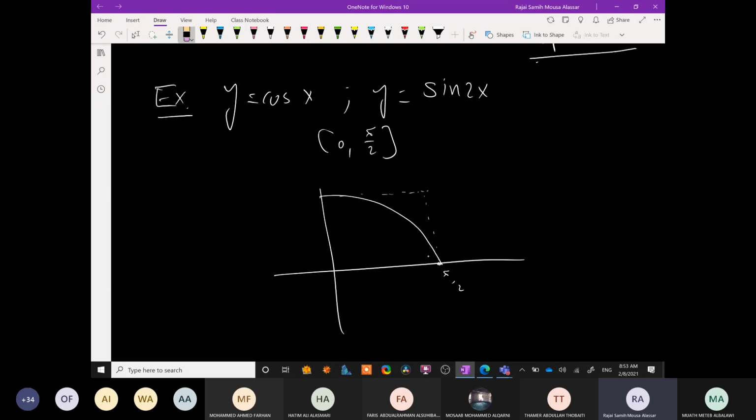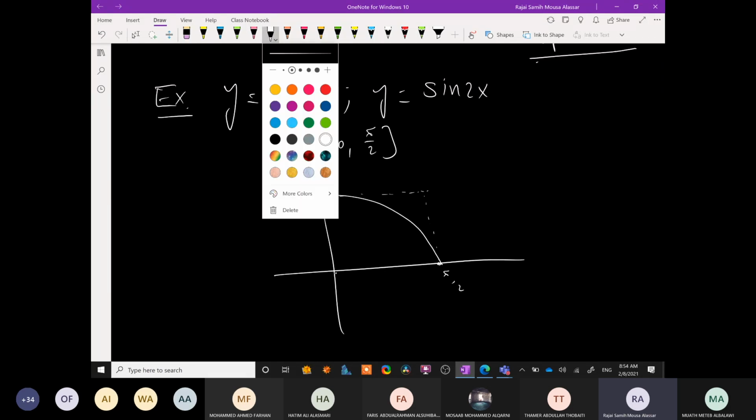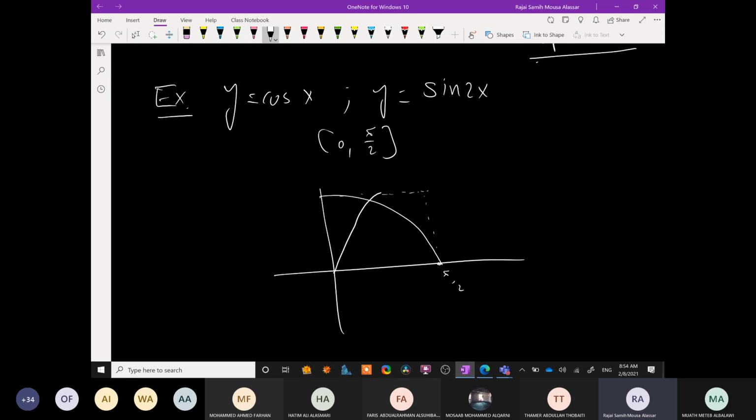Yes, so at pi over 2, it will just finish one. So half its period. Exactly. It has to go like this and come back as such, because now it will continue a period here. So this is y is equal to sine 2x, and this is y is equal to cosine x.